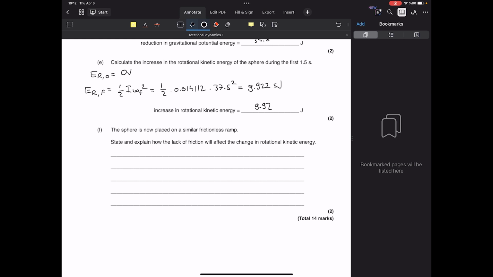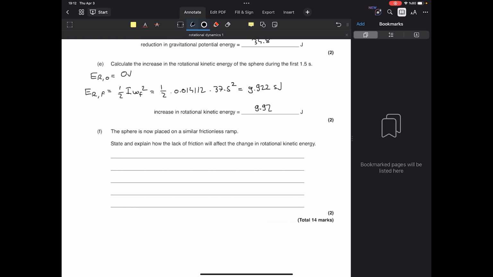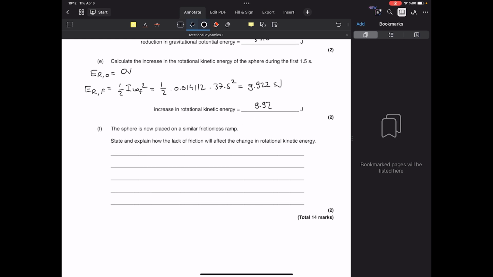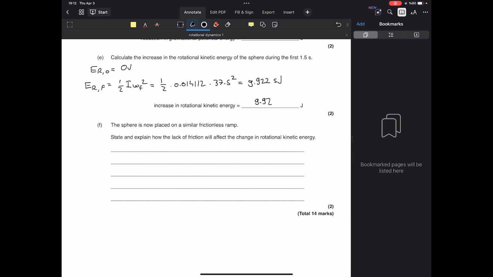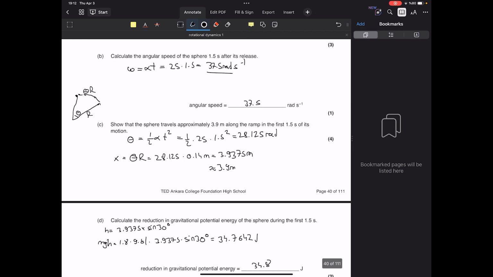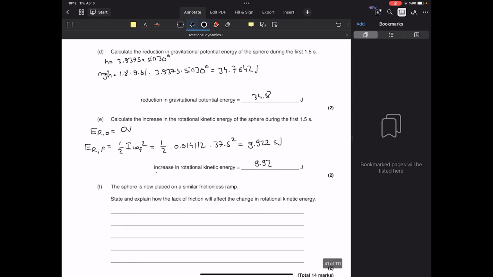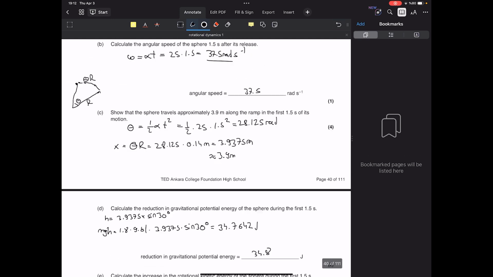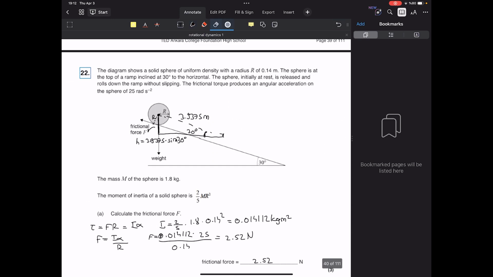Alright, now, the sphere is now placed on a similar frictionless ramp. State and explain how the lack of friction will affect the change in rotational kinetic energy. So this increase in rotational kinetic energy, I guess. Now, here's the thing. The thing that's actually causing this to rotate is the frictional force itself.